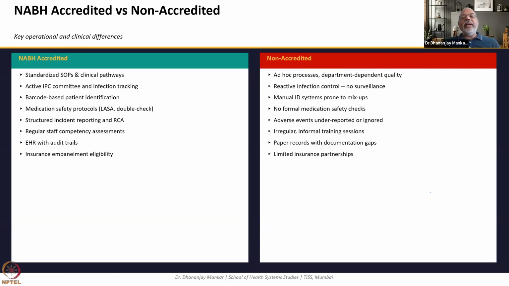But non-accredited hospitals, which are on the verge, put more pressure on employees, with ad hoc processes and departmental-dependent quality.